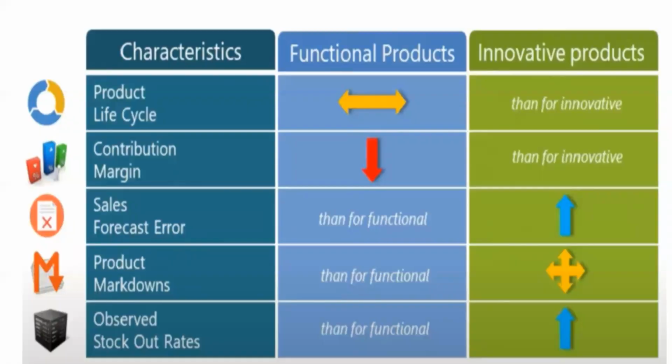Okay. So let's have a comparative pa natin. Let's compare both the product, no? So mostly lahat ng product natin sa industry, hospitality falls under the functional product. Okay? The product often has a long life cycle. Its contribution, yung kanilang tubo as in a product, is quite little, no? Little lang siya.